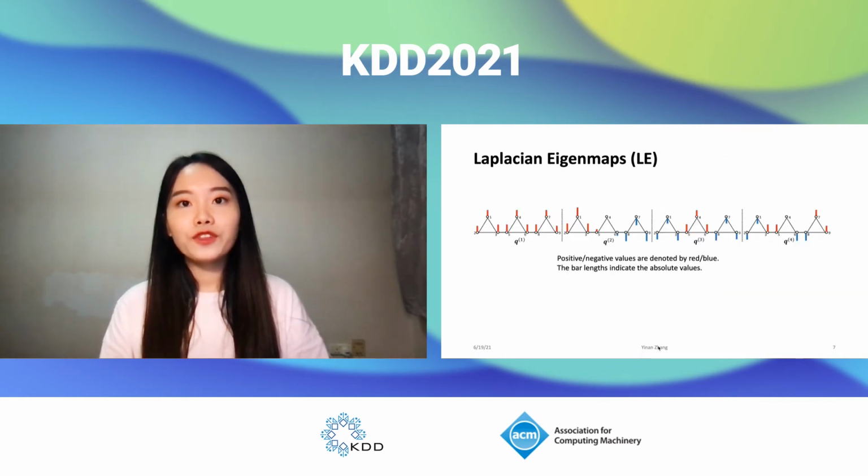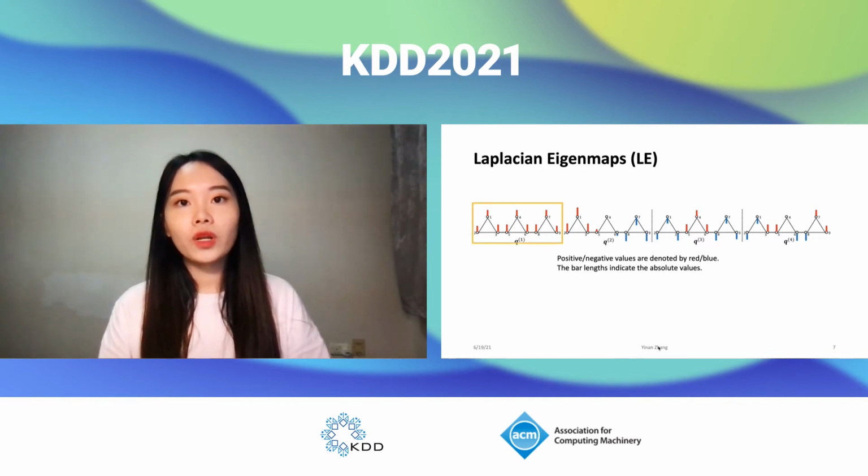We show the first 4 embedding dimensions sequentially as bars overlaid on every node. Positive values are in red and the negative ones in blue, and the bar lengths indicate the absolute values. Each dimension of LE embeddings divides the graph into clusters.